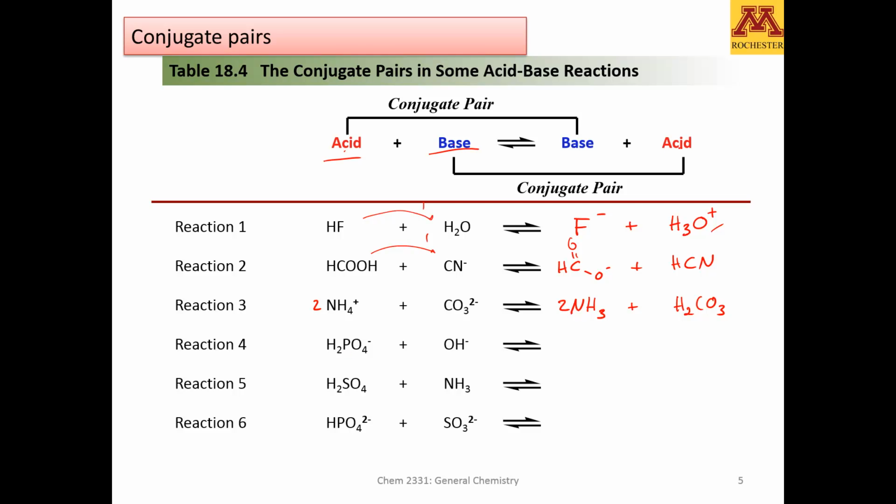In this case, the hydrogen phosphate acts like an acid. It could act like a base depending on the capacity of the partner. In this case, definitely OH negative is a base. That means it will accept 1 proton, and this will release 1 proton. So what we have here is this 2 negative.